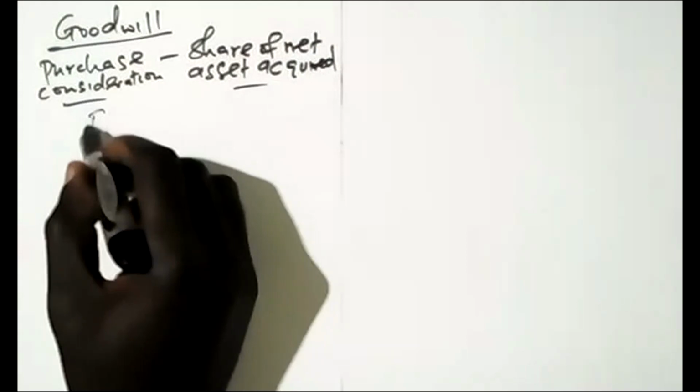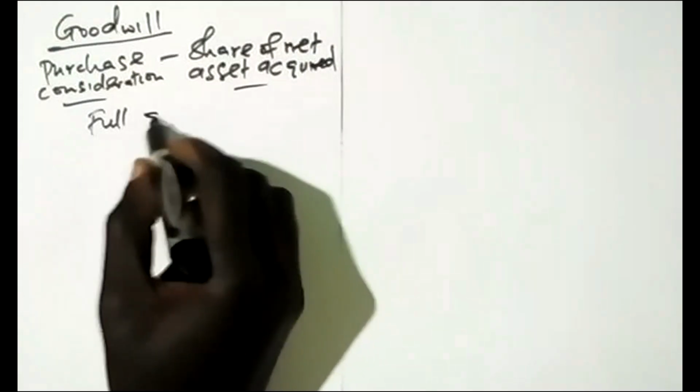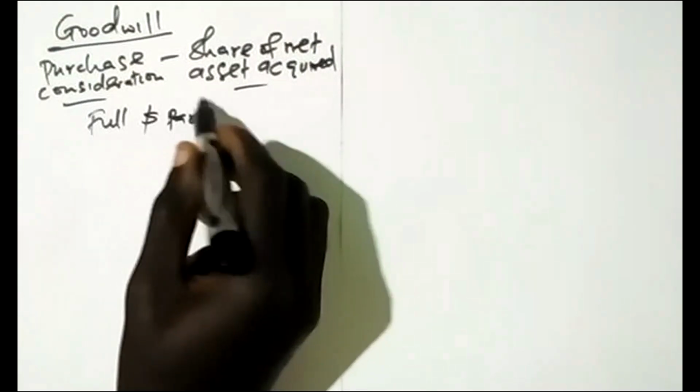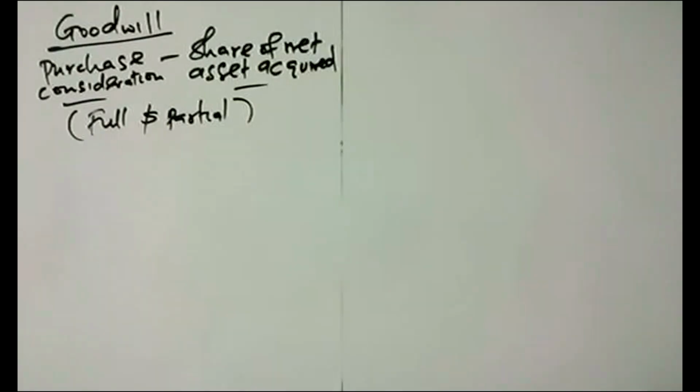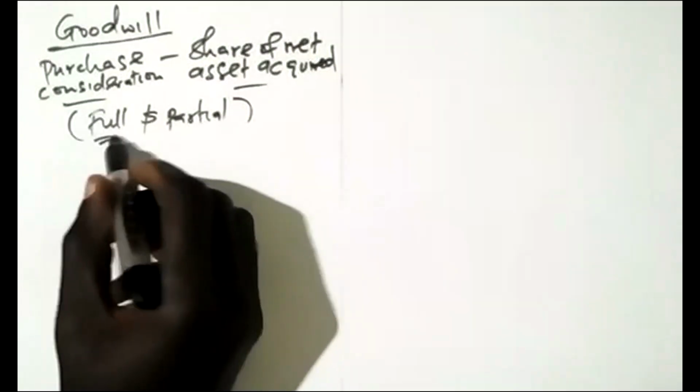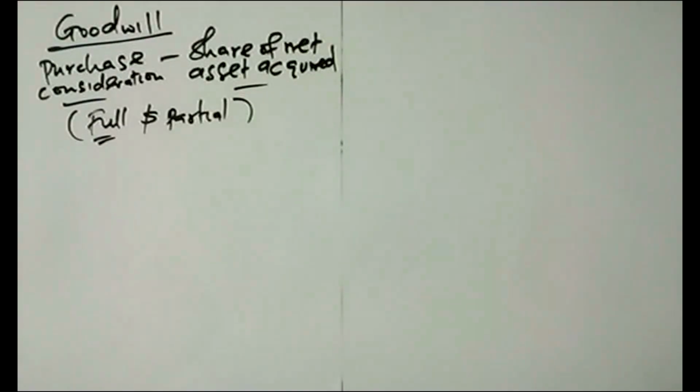You can use either full or partial. To use the full method to compute goodwill, you must be given the fair value of non-controlling interest. The NCI must be stated at its fair value for you to use the full method.